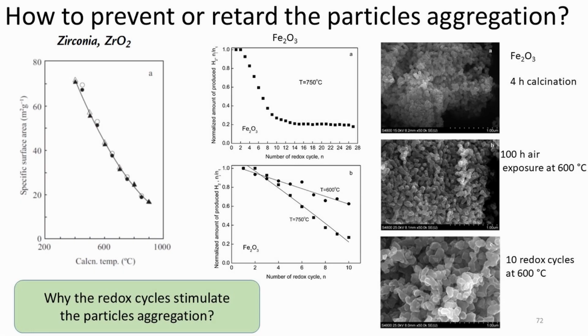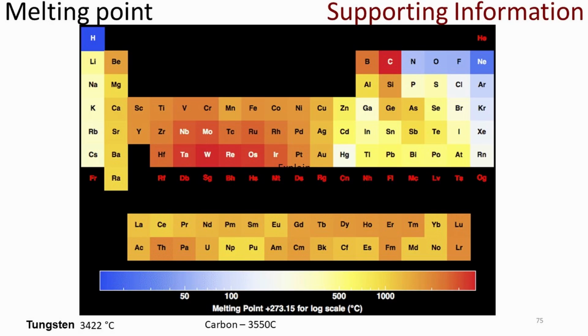While sintering is desirable in some applications, for example in ceramic manufacture, in the case of heterogeneous catalysis, any sintering will cause loss of catalytic activity. The so-called Tamman temperature is a temperature of 0.6 of the melting point for these materials.